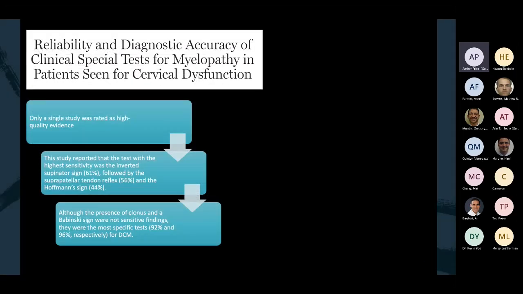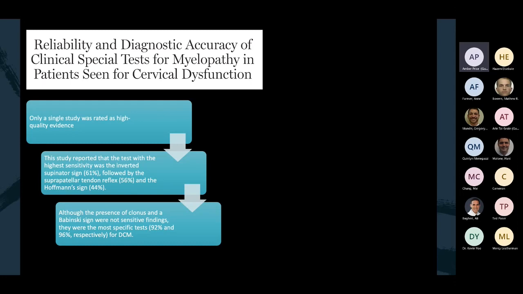So there's a couple of different papers that reviewed the sensitivity and specificity. This paper found that inverted radial reflex, also known as the inverted supinator sign, was 61% sensitive, the most sensitive of the tests, followed by suprapatellar tendon reflex and Hoffman sign.